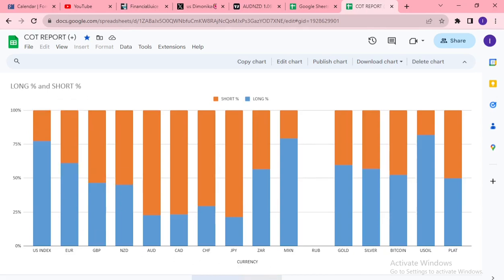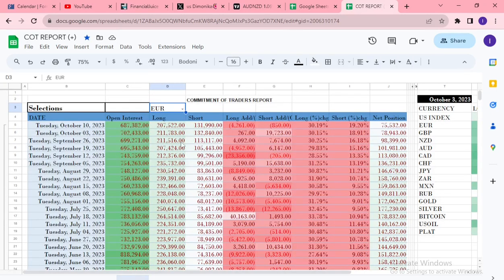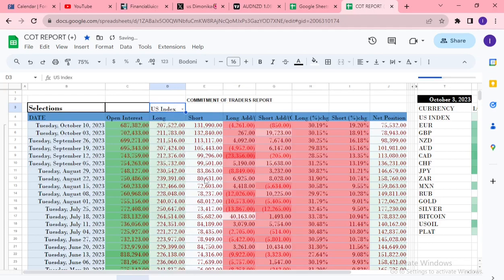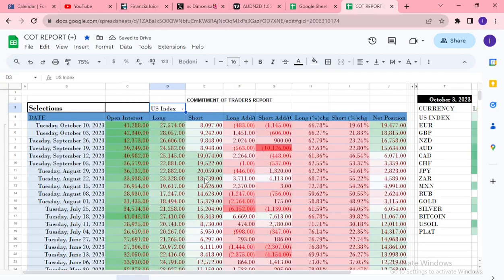So let's compare this with the US dollar index, which measures the basket of US currency. You can see it going from 6,000, USD position is getting stronger, up to the current 19,400 net position.